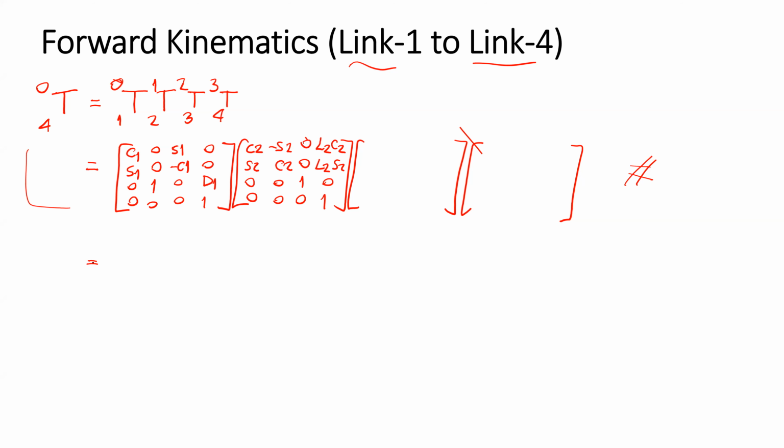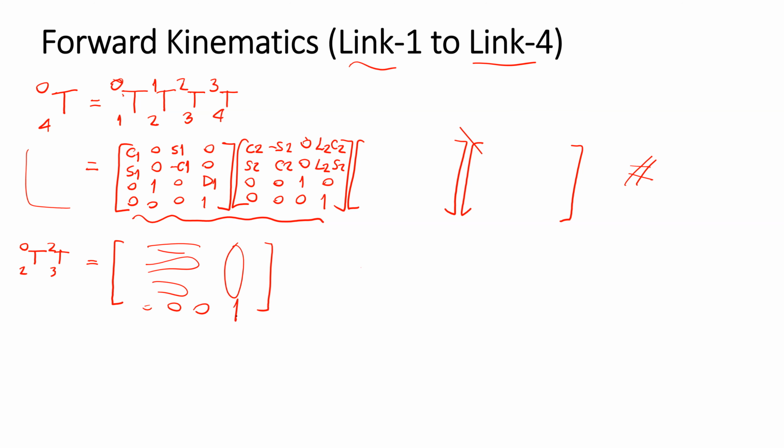It means, yes, let's try to obtain the T20 and multiply by T32. First, T20 means the product of the first 2 metrics, and you can have something here. And then the 3 per 2 will be this one.